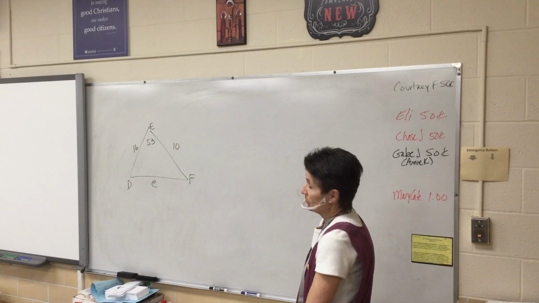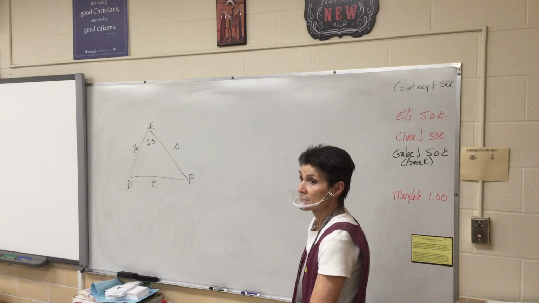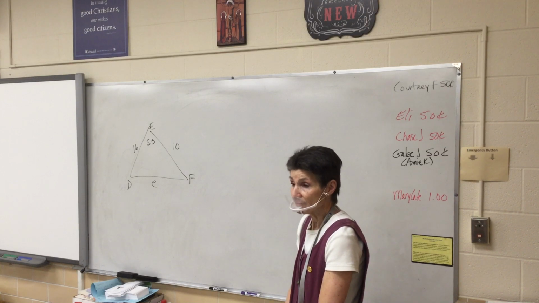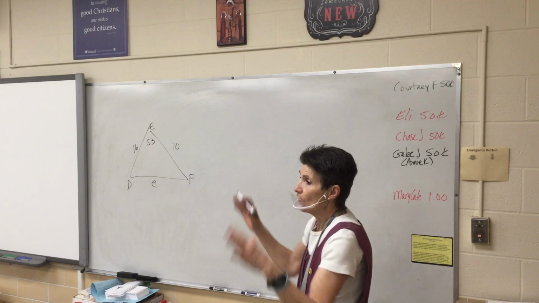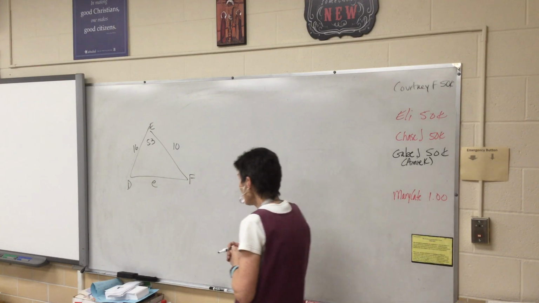Okay, so here we go. What are we going to do? This is going to have to be cosines. Because what do I not have? A pair. And the only way you can do sines is if you have a pair. We don't have a pair.